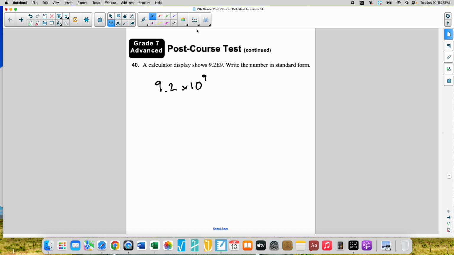So we're going to move this decimal point 9 places because there are 9 tens. Each 10 represents 1 decimal place. So we'll write 9.2, and then we'll start moving it. So it's here. It goes 1, 2, 3, 4, 5, 6, 7, 8, 9.